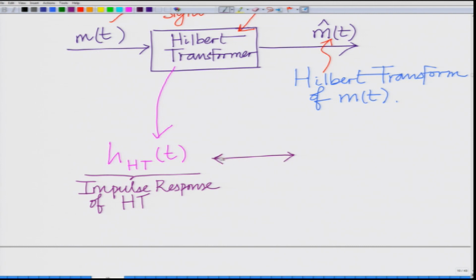Now, let us denote the Fourier transform of this impulse response. So, please pay attention because there are several quantities here.